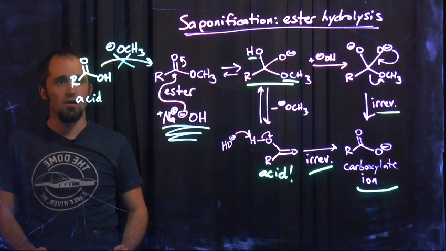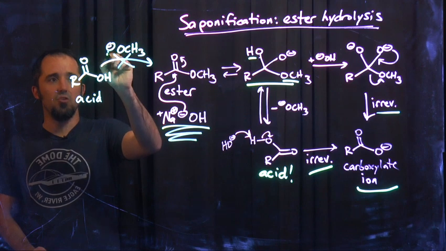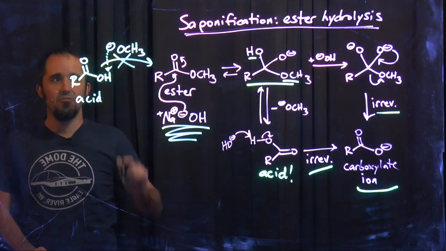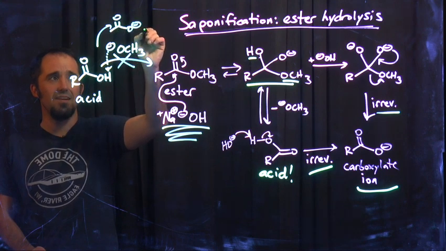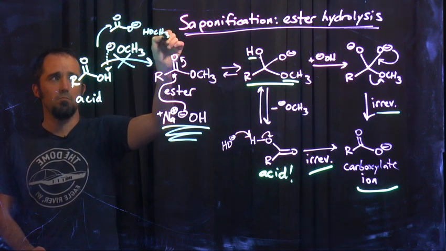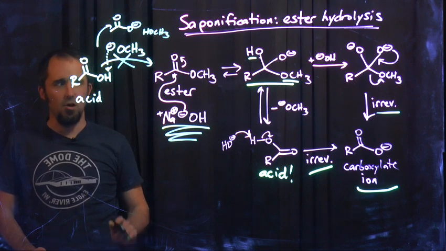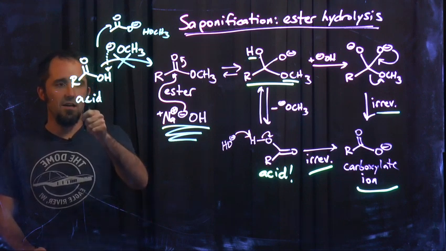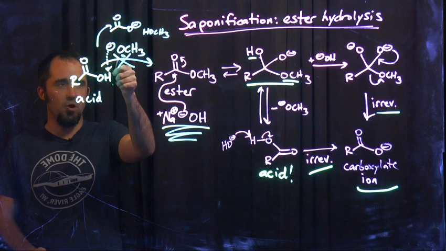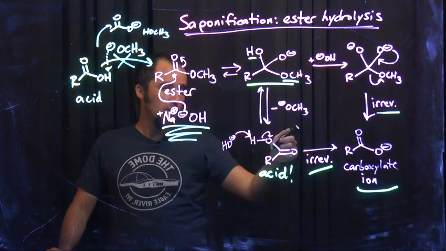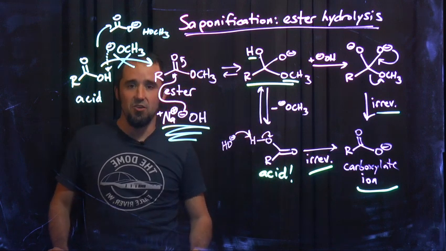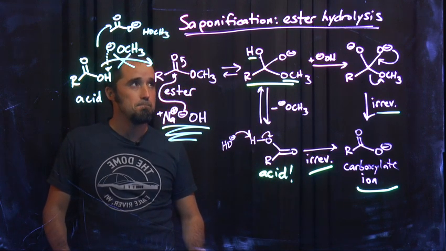It won't work because all this is going to do is do a very, very fast acid-base reaction to get to the carboxylate and methanol. Okay? So I cannot simply take carboxylic acid and treat it with O- to get an ester. But I can get from an ester to the carboxylate ion irreversibly.